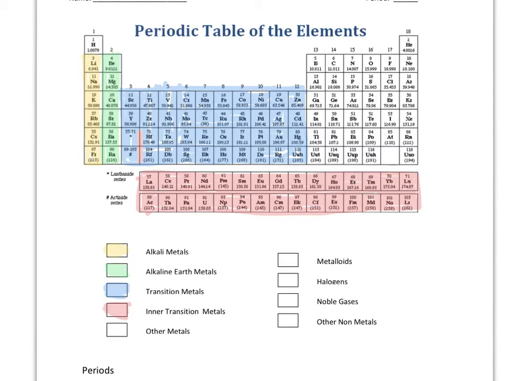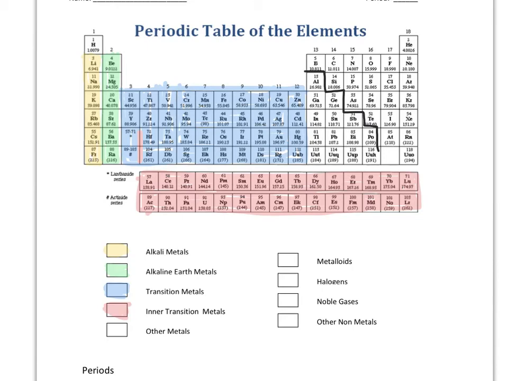Okay. Next one, let's do the metalloids. Before we do the metalloids, we probably want to do the staircase here. Remember the staircase is between boron and aluminum, and then you go down, across, down, across, down, across, and so on.